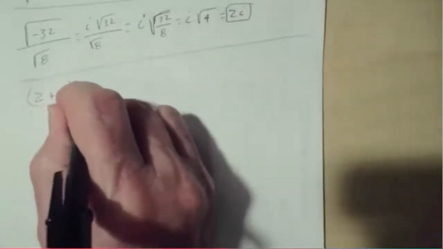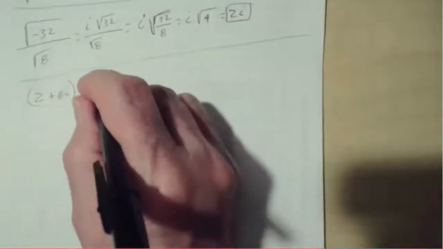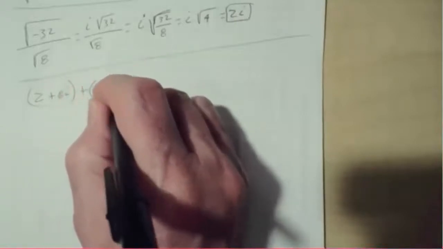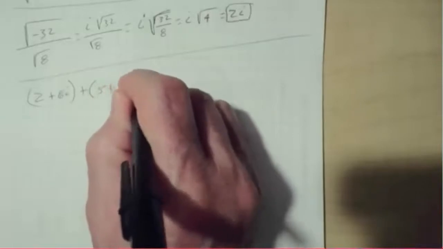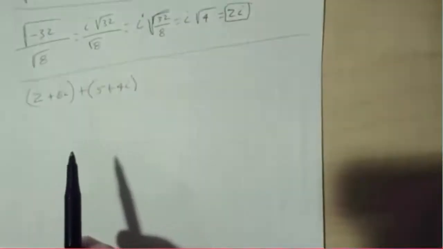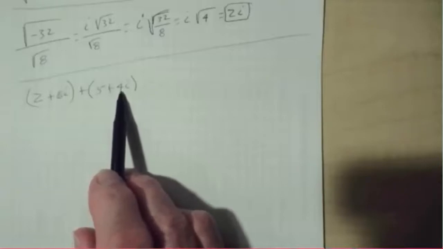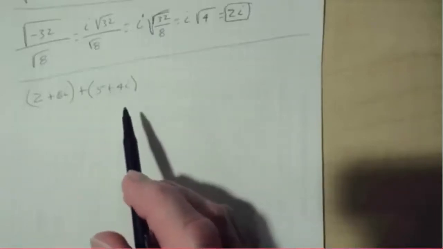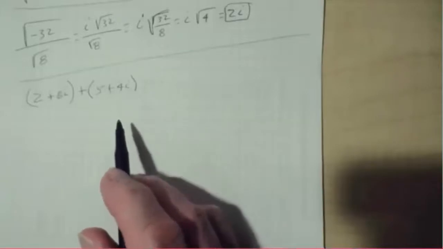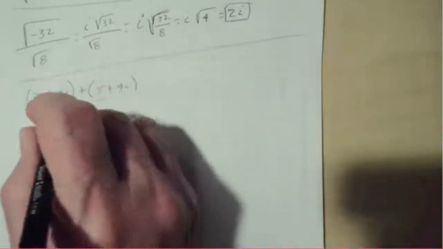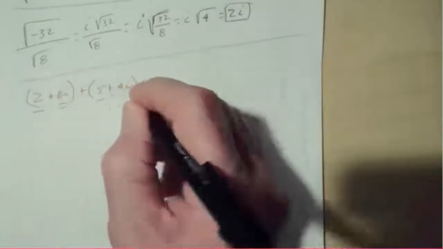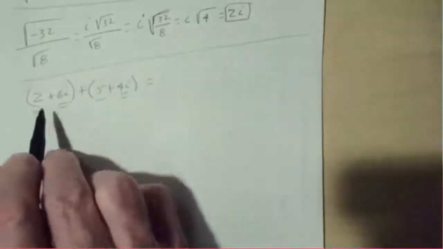Okay. Now what if we have this? 2 plus 8i plus 5 plus 4i. Now remember, the i is kind of like a number, and we can treat it like it's a number. Okay, so do we have any like terms here?